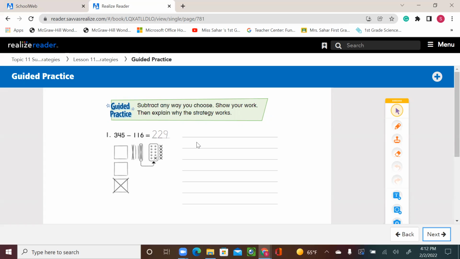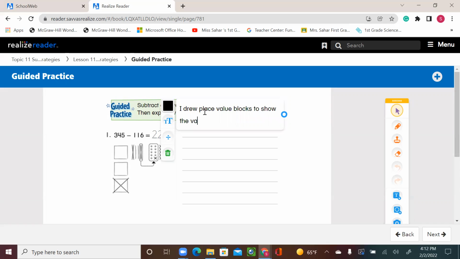All right, we need to explain this. So what we're going to say: I drew place value boxes to show the value of each digit. That's when I show the hundreds and the tens and the ones, and my number 345.